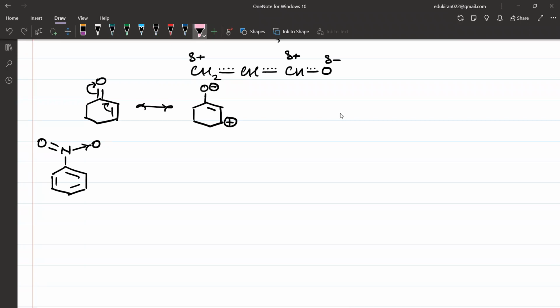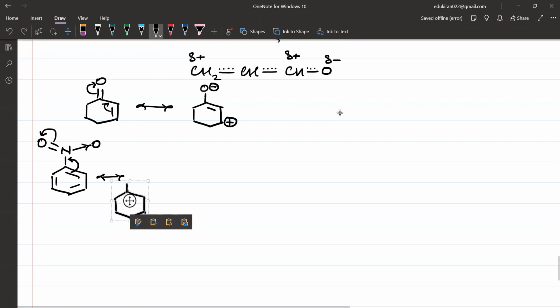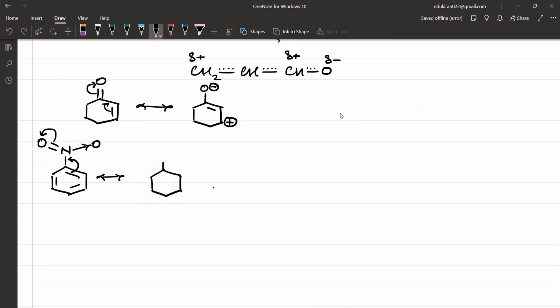Now, A double bond B, single bond C, double bond D. Here again, the electron movement will be towards the more electronegative element. So the electron will move away from the benzene ring and then here. So here I will get the first resonating structure.